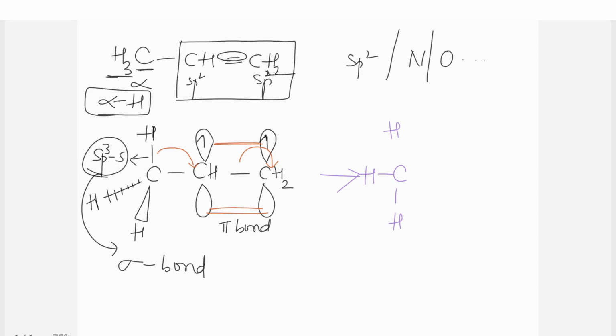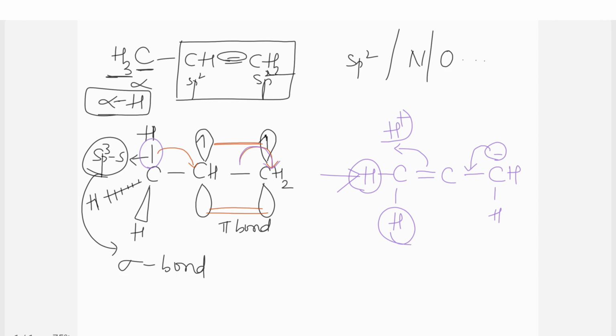Now this hydrogen has only 2 electrons but gave out those 2 electrons, so it will be left with no electrons, so it is H plus. Since this bond got shifted here, this carbon will get a double bond, and again this bond is shifted towards this side, so it becomes carbon single bond with 2 hydrogens and a negative charge. Again this will repeat with the other 2 hydrogens also.